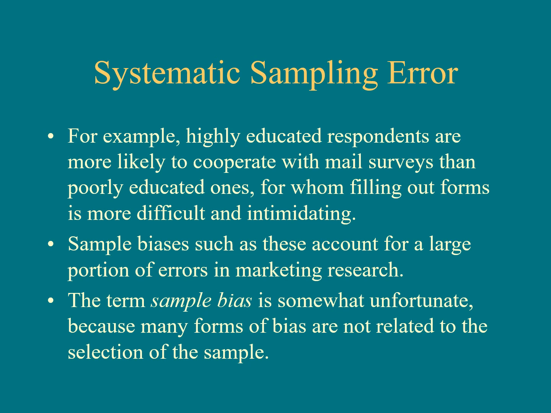Sample biases such as these account for a large portion of errors in marketing research. The term sample bias is somewhat unfortunate because many forms of bias are not related to the selection of the sample.